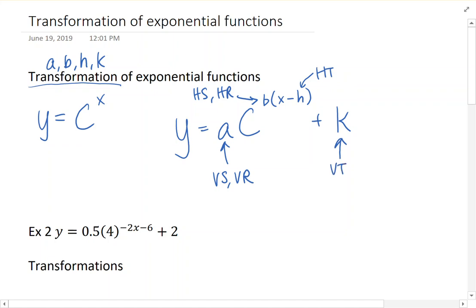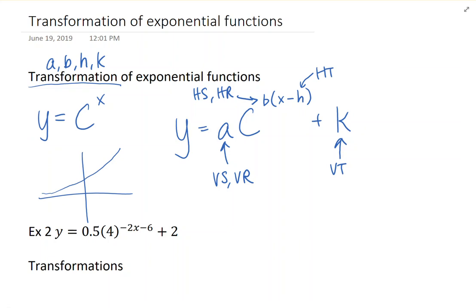Now, thinking about our graph, I'm just going to draw a rough graph. At y equals 0, there is this kind of line, that horizontal asymptote.